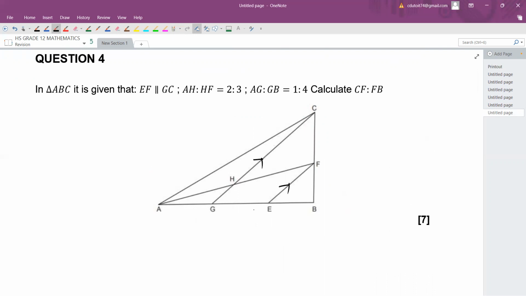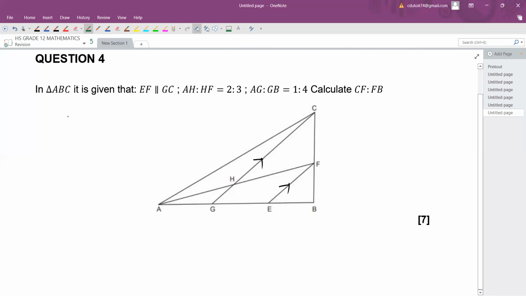Quickly make that drawing. Tell me when you're finished. I'm done too. Are you finished, Ilani?